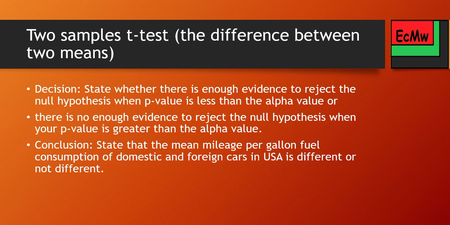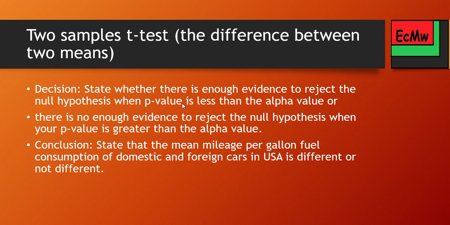This evidence shall be found using the p-value. If the p-value is less than 0.05, we have enough evidence to reject the null hypothesis. But if the p-value is greater than 0.05, it means we do not have enough evidence to reject the null hypothesis. So our conclusion will depend on the p-value that we got and the decision that we made.